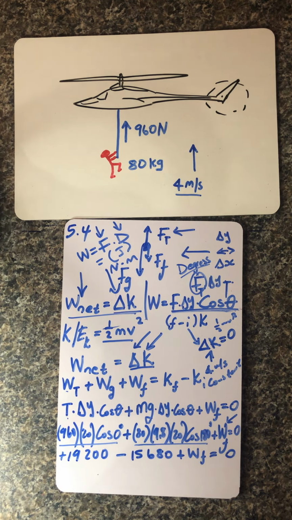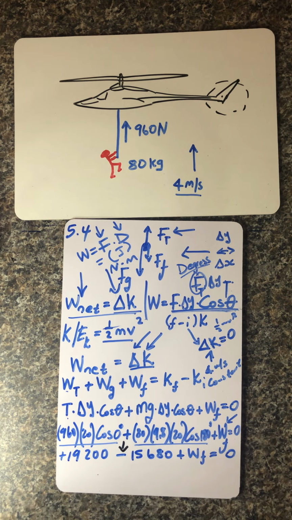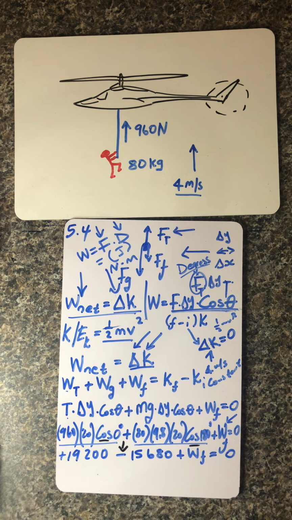So, ladies and gentlemen, what I wanted you to notice is that negative sign over there. Some of us might not use this cos, that cos as part of our formula.